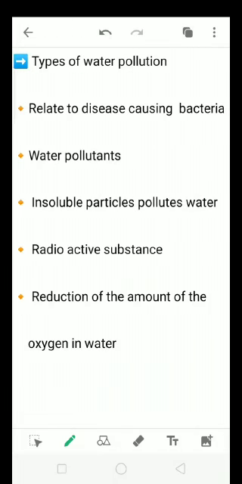So what are the types of water pollution? Water pollutants relate to diseases, like disease-causing agents such as bacteria and viruses, the most common disease-causing agents found in contaminated water.